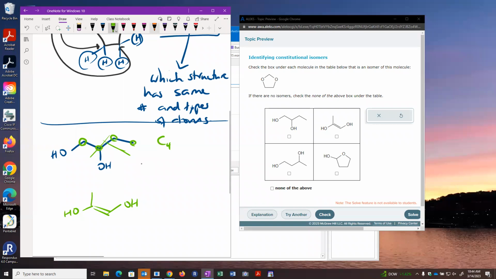If I look at my number of carbons, I have 1, 2, 3. If I look at my O's, I have 1, 2 O's. I look at my H's now, I have 1, 2. The carbon up here needs 3 more.